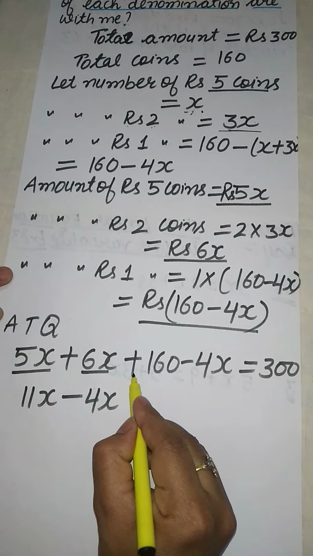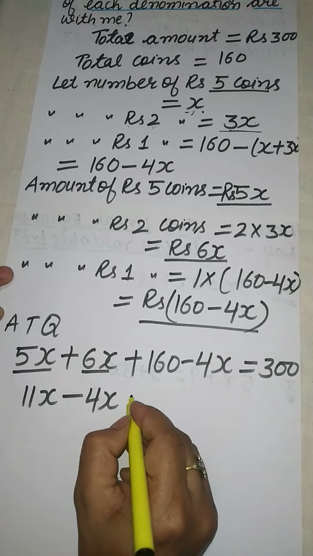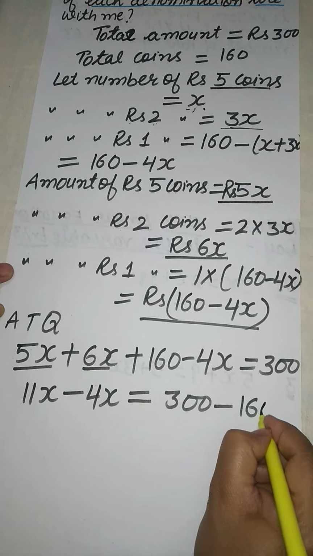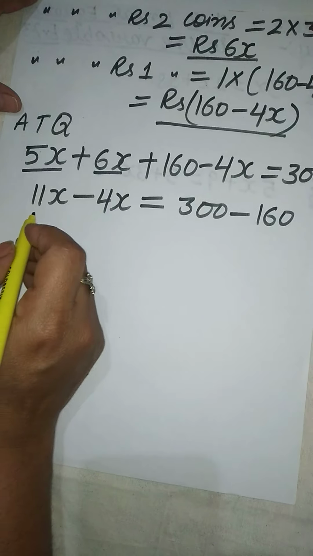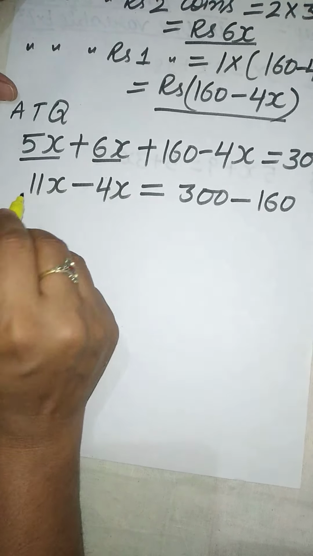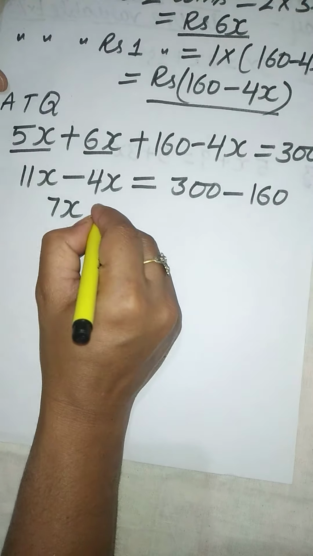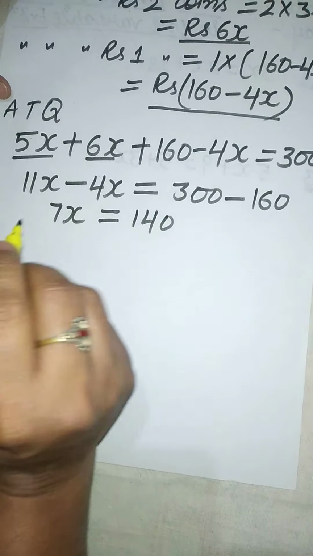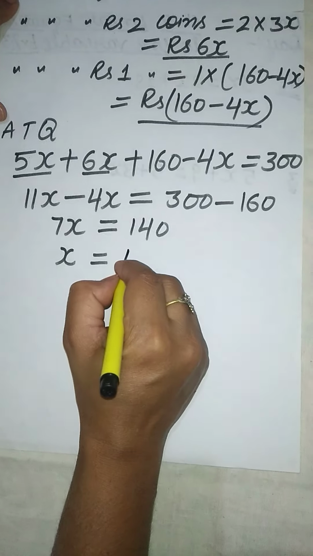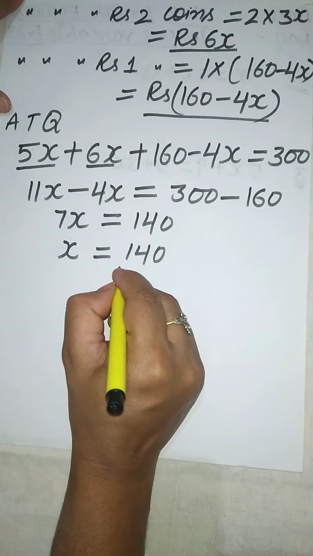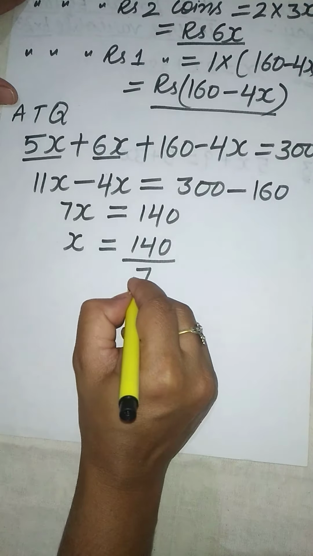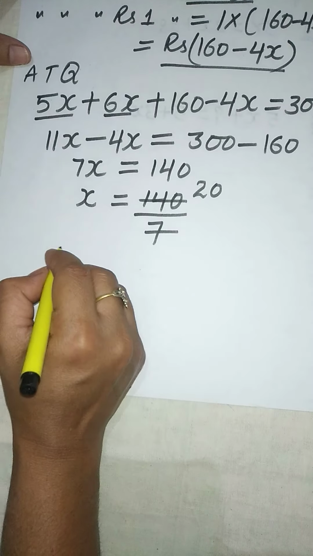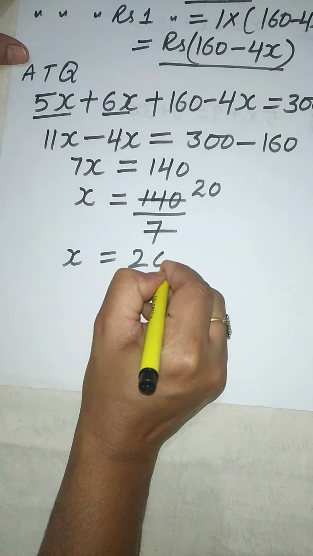This plus 160 will be subtracted on the right side, 300 minus 160. 11x minus 4x is 7x. 300 minus 160 is 140. So the value of x is 140 divided by 7. 7 twos are 14. So the value of x is equal to 20.